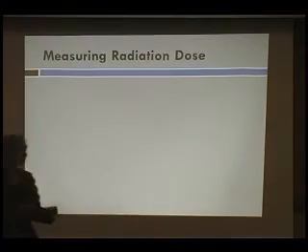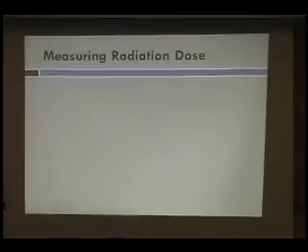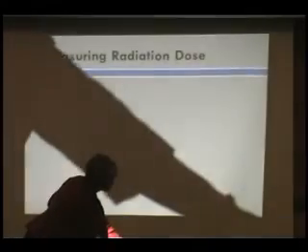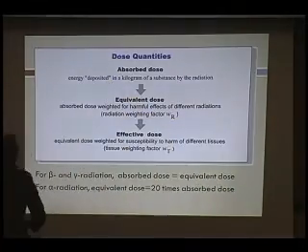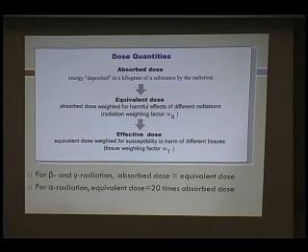So now I'm going to talk just briefly about measuring dose and what some of the basic terms are, because that'll help us as we go forward here. The absorbed dose talks about just the energy that's deposited in a kilogram of a substance by the radiation. No other reference, so that's just how much is absorbed.